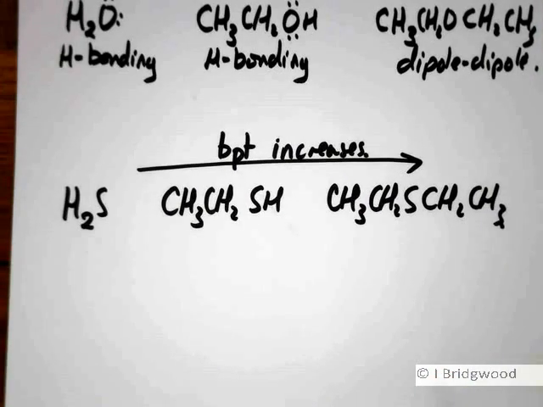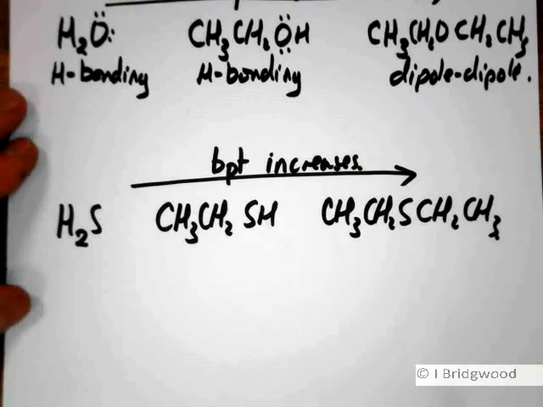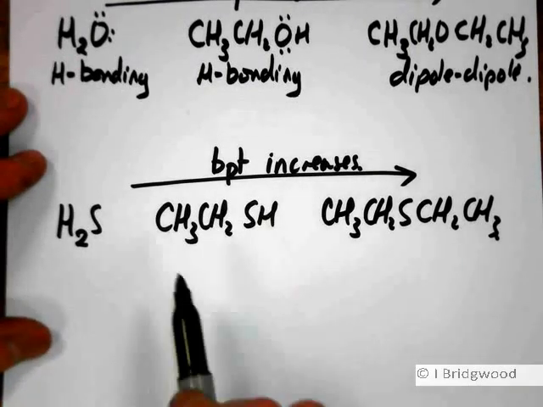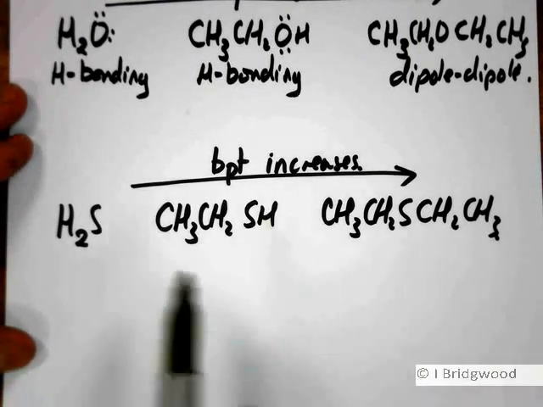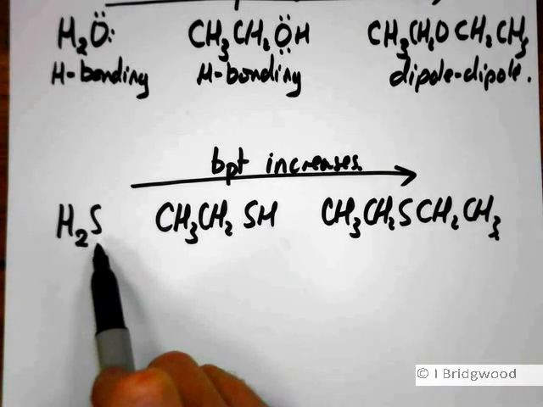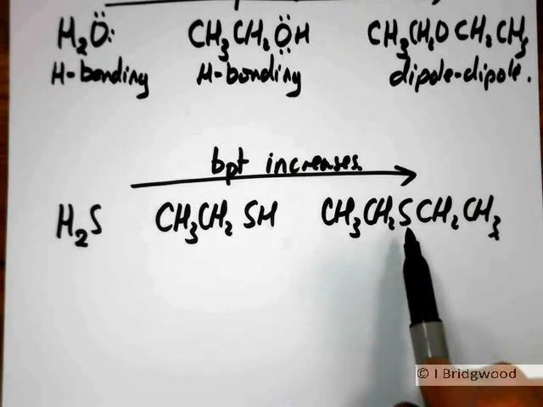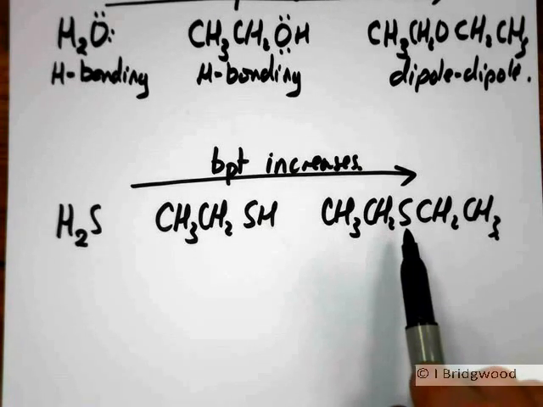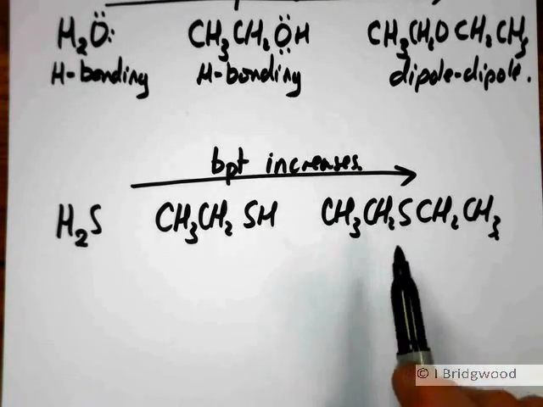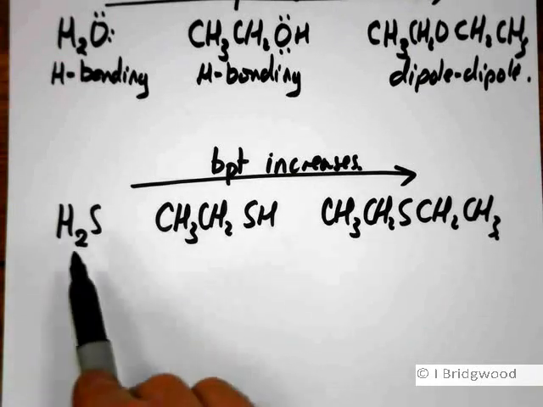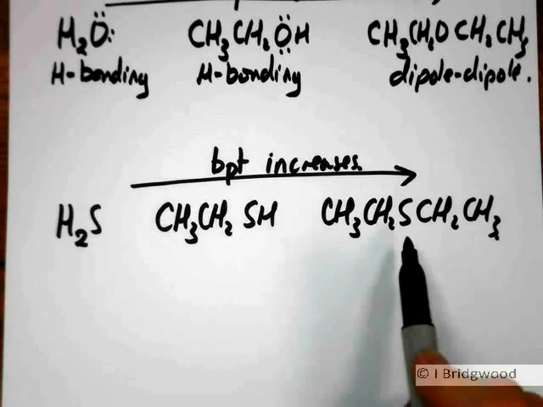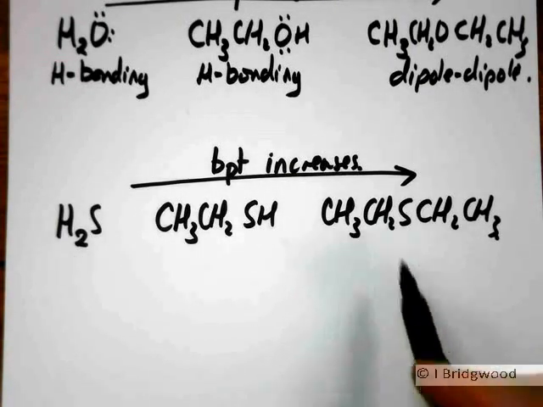Now, in the case of the sulfur compounds, it's a slightly different affair. We find that sulfur is a lot less electronegative than oxygen, and therefore will have less of an effect in terms of bond polarity. The overall process we can think of in this case is the increasing size of the molecules.